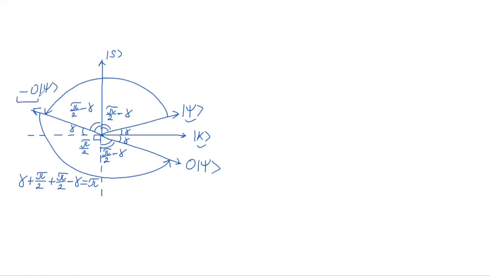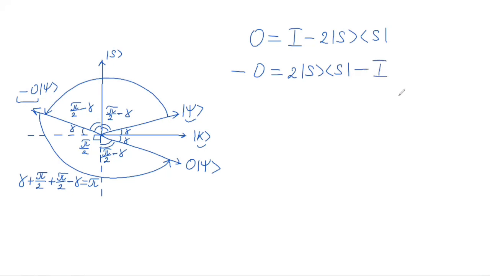So this minus O operator is an operator that reflects an arbitrary vector psi around vector S. But we know that O, the oracle operator, is the identity matrix minus 2 |S⟩⟨S|. And therefore minus O will be, and we're going to change the order of the terms on the right hand side, 2 |S⟩⟨S| minus the identity matrix.